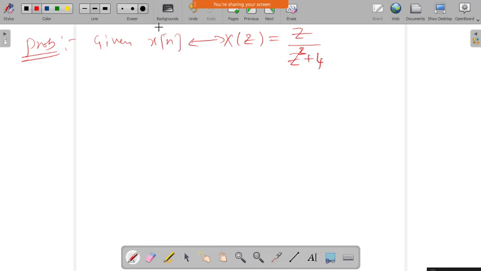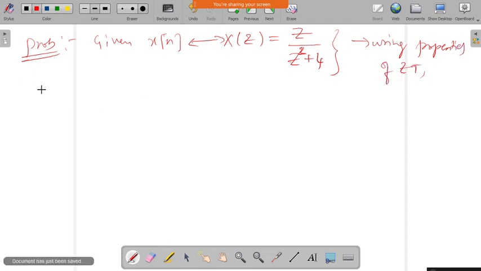So some signal is there, its Z transform is given already. Now by using this Z transform, you need to use the properties of Z transform. Now find the Z transform of the following signals.